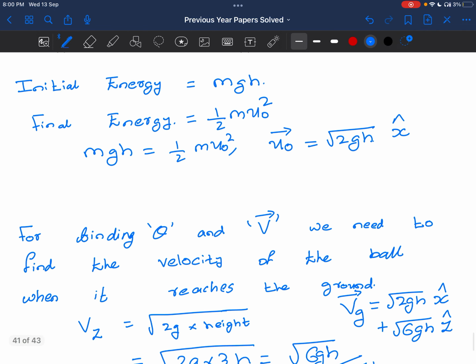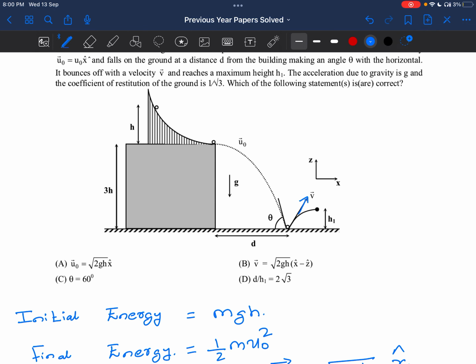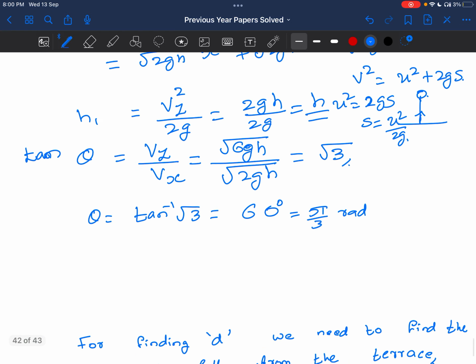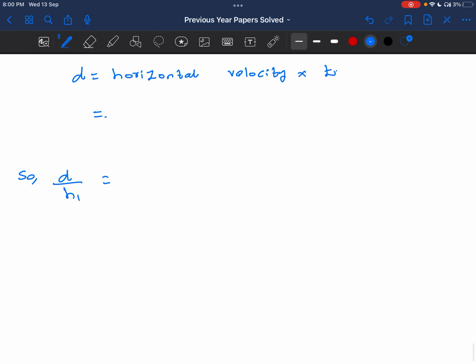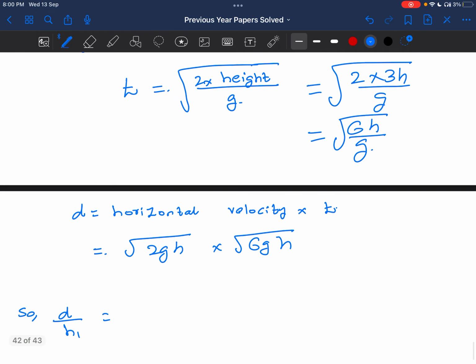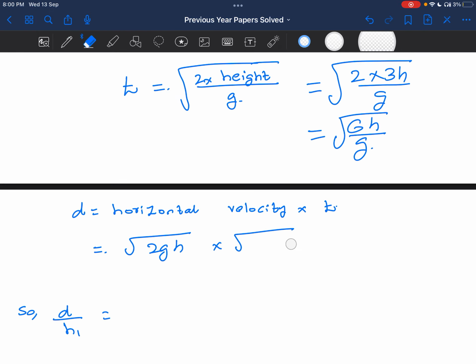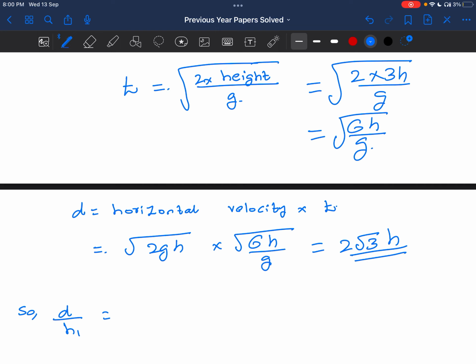Horizontal velocity undergoes no change here, and it is u0, which we have found as root 2gh. So d is equal to root 2gh into root 6h by g. The g will be cancelled, and we will get 2 root 3 h.